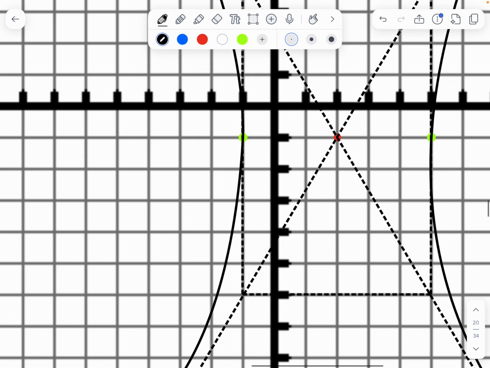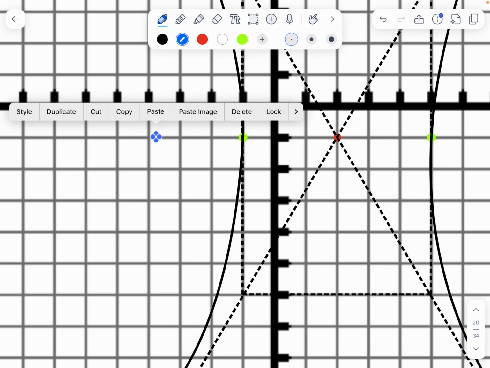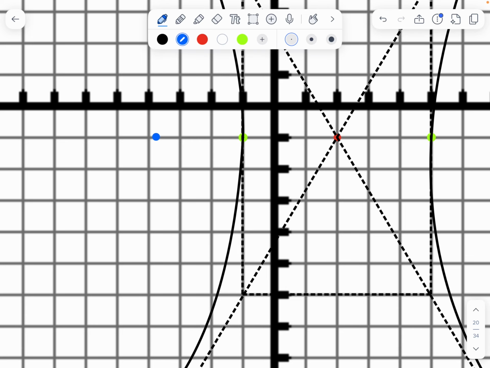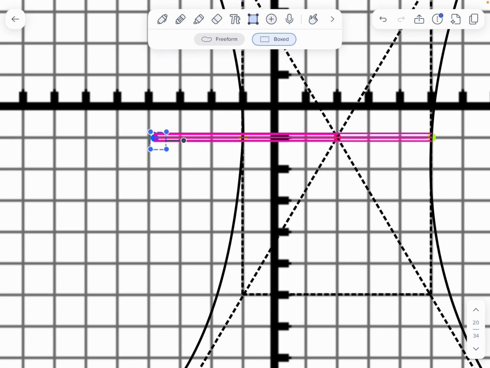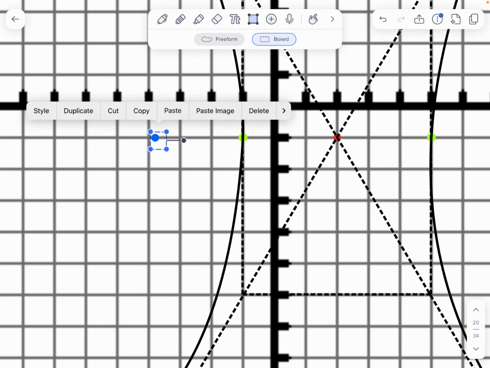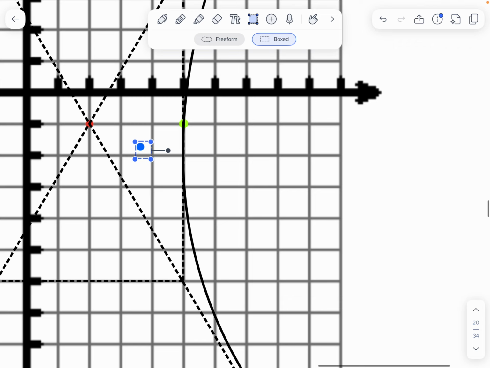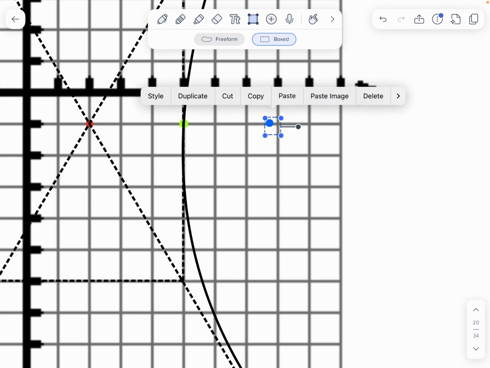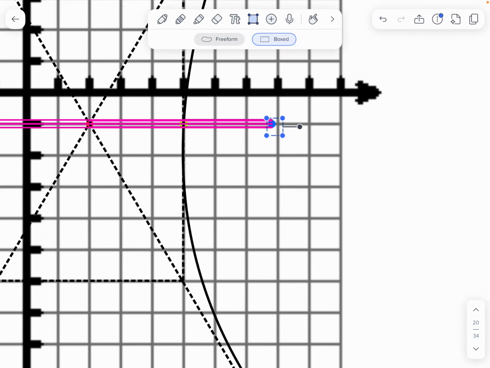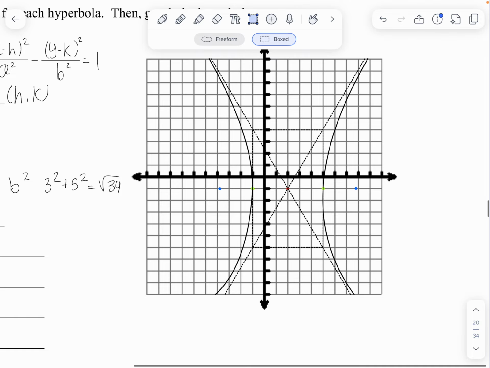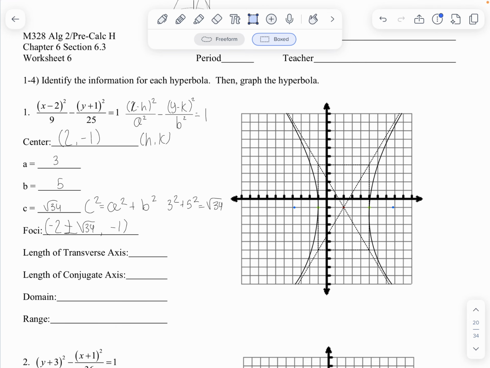So that means our foci should be around here. Okay, and those are the foci.